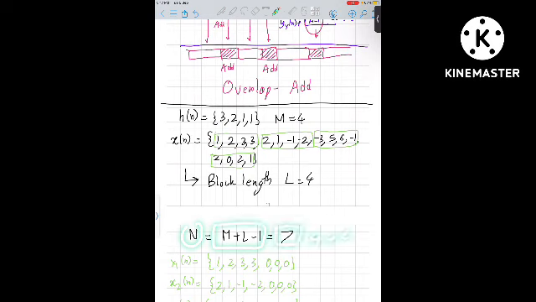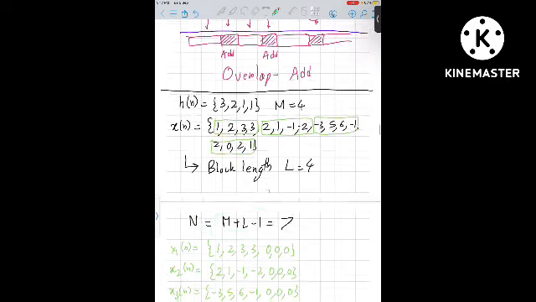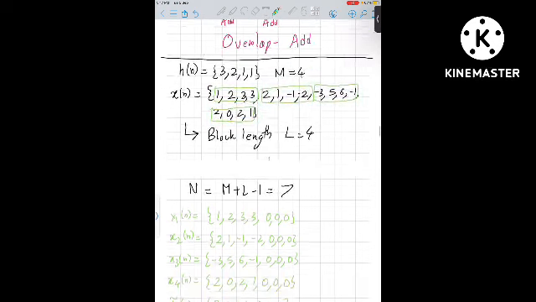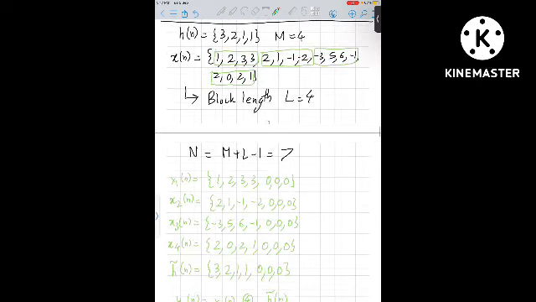Similarly, x2 of n, where 3 is m minus 1, is 2, 1, minus 1, minus 2, and 3 zeros. x3 of n is minus 3, 5, 6, minus 1, and 3 zeros. x4 of n is 2, 0, 2, 1, and then 3 zeros.